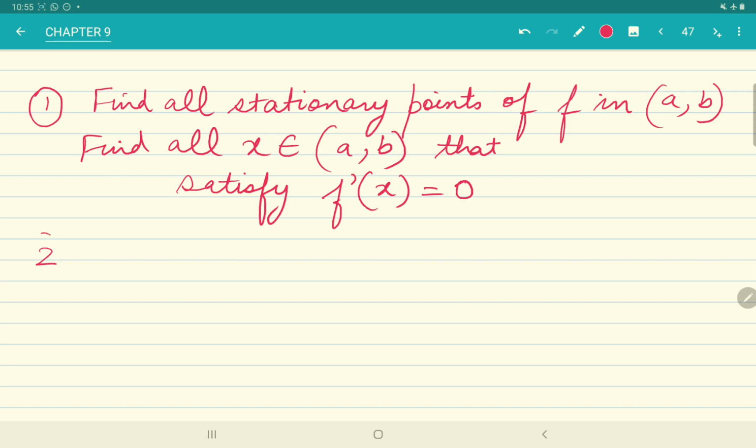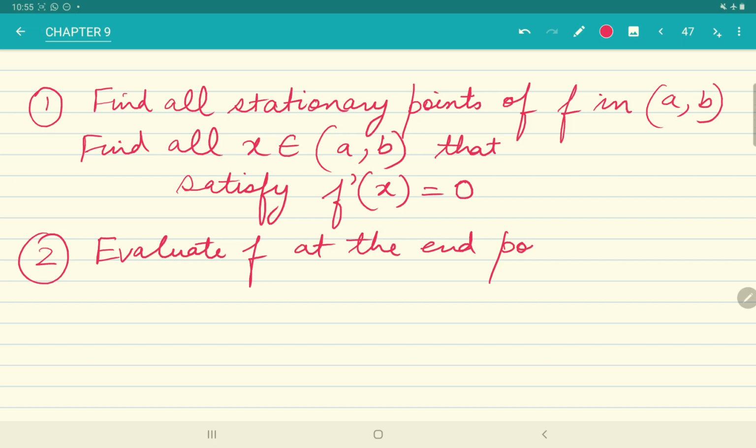The second step is to evaluate f at the endpoints A and B of the interval, and also evaluate f at the stationary points.